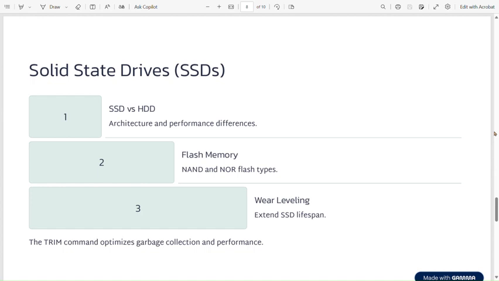The third one is wear leveling, a technique used in SSDs to distribute data writes evenly across the memory cells. This prevents certain cells from wearing out prematurely, improving the lifespan of the SSD.